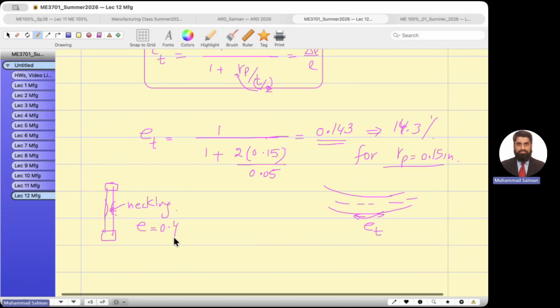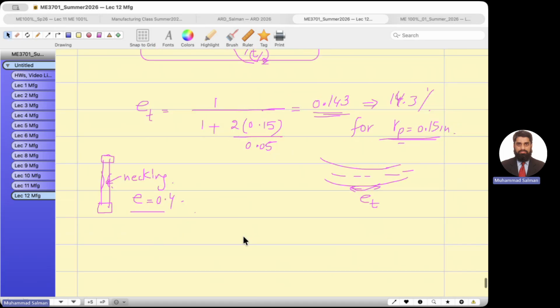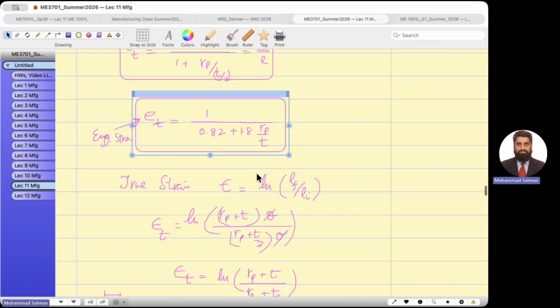So your strain with this radius should be less than 0.4. You have to check it. If it is less than 0.4, it means your material will not start necking. You see that? So you have to do this check and balance and keep on track that this process will not create some fracture.